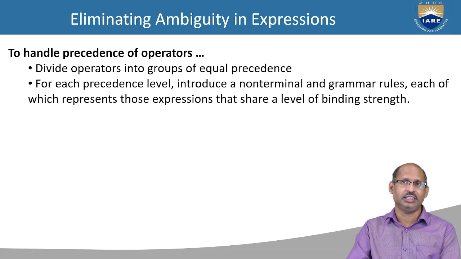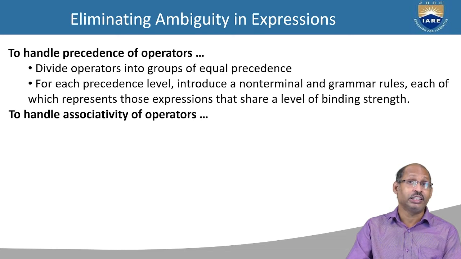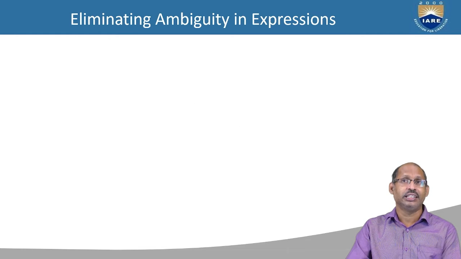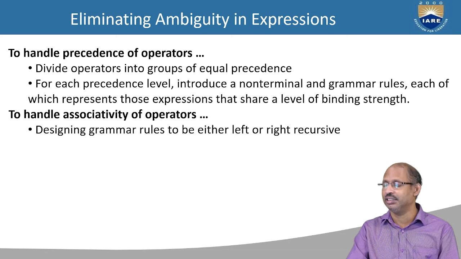For each precedence level, introduce a non-terminal and grammar rules, each of which represents those expressions that share a level of binding strength. So we introduce non-terminals and grammar rules in rewriting the productions such that the ambiguity can be eliminated. Design grammar rules to be either left or right recursive.